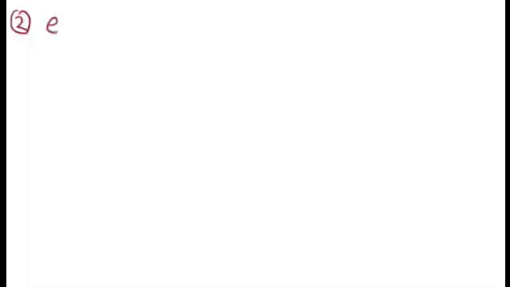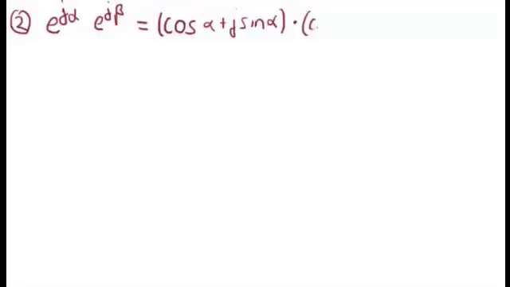We have to look at e to the j alpha times e to the j beta. Well, we use Euler's formula for the definition of complex exponentials, and this is cosine alpha plus j sine alpha times cosine of beta plus j sine beta. Now we expand that out and do our usual thing.